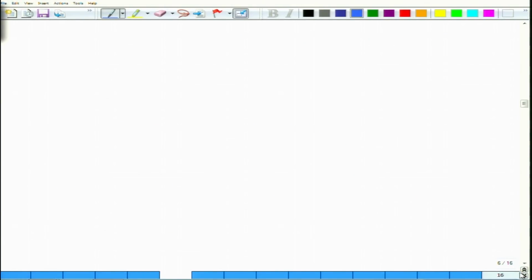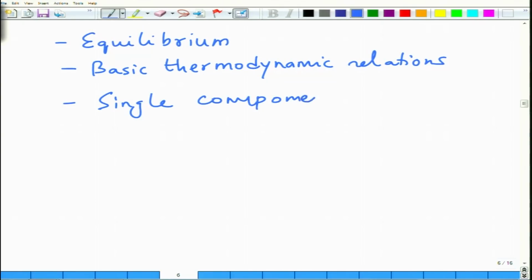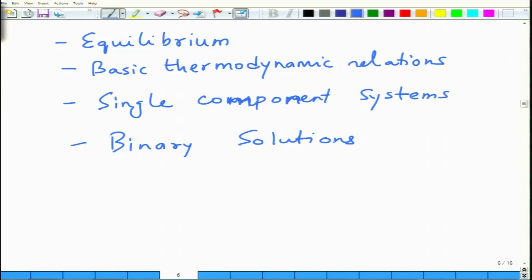is concerned. So within this thermodynamics, we will first begin with what we mean by equilibrium, then we will look at basic thermodynamic relations, then we will look at single component systems, and then binary solutions, and then we will look at heterogeneous systems.